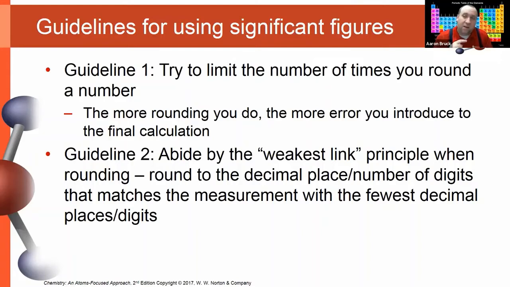Because every time you round a number off, you are introducing a little bit of error. So let's say that you had a 4-step calculation, and every step along the way, you're rounding off the number. Well, in those 4 steps, you're doing 4 different roundings.